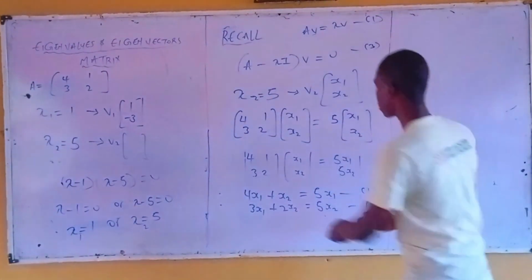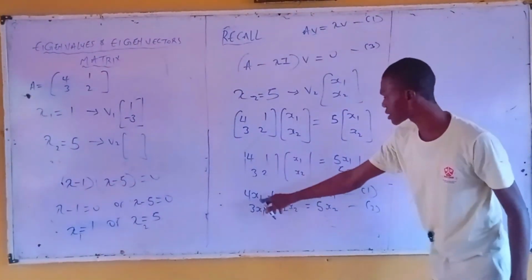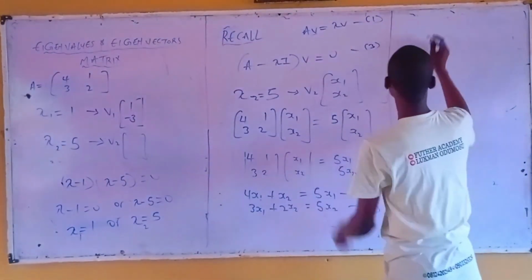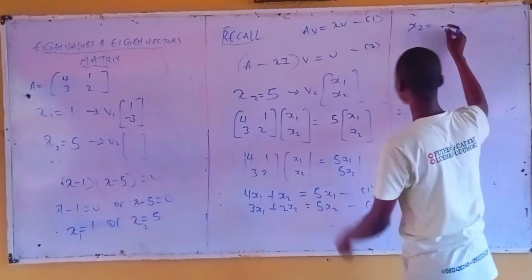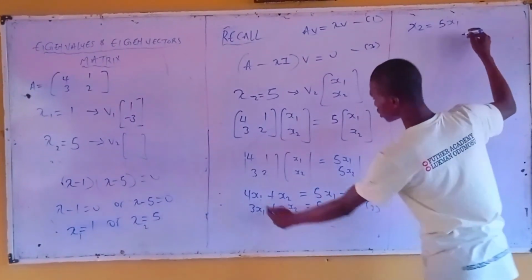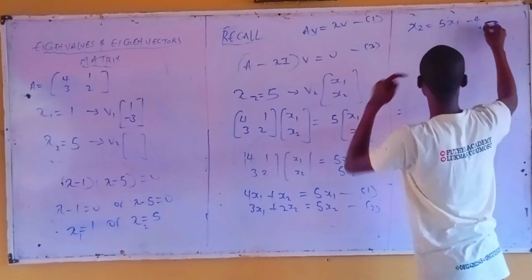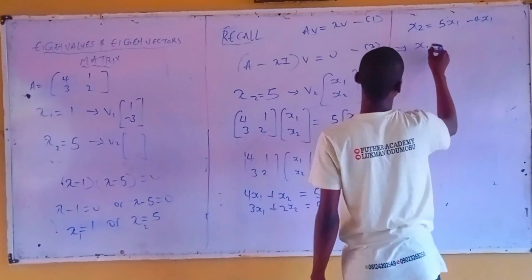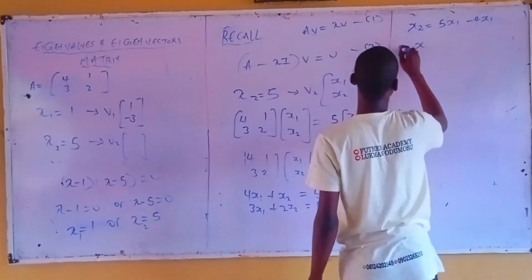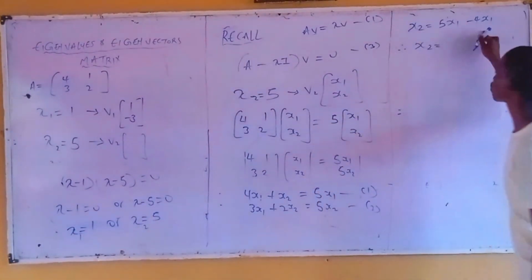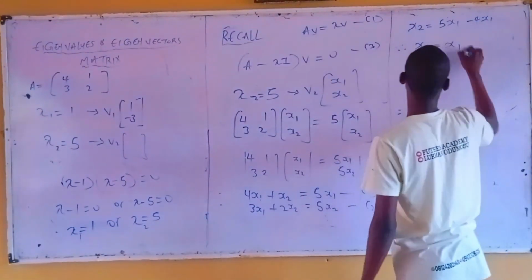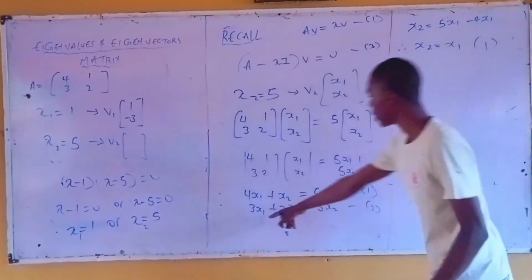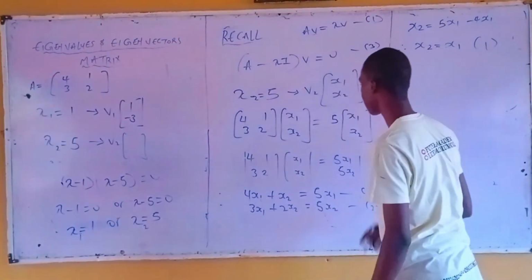From equation 1, let's make x2 the subject of the formula. x2 is equal to 5x1, and the 4x1 will come to the other side as negative 4x1. Therefore, x2 is equal to 5x1 minus 4x1, which gives x1. That was using equation 1. Now let's use equation 2 and make this guy the subject of the formula.